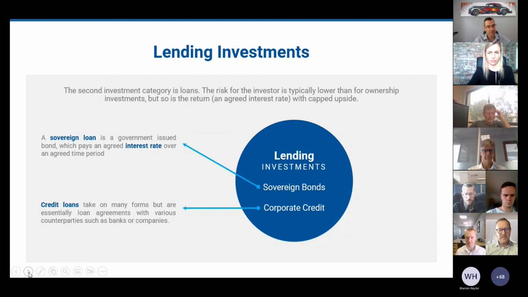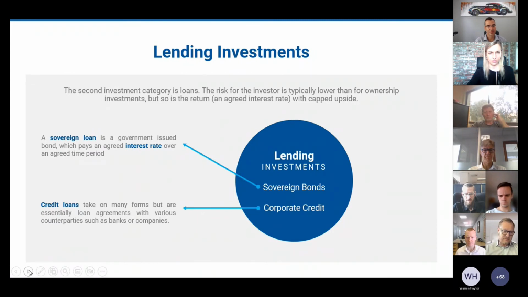It's just not a government that's issuing. It's a corporate, and that's either a bank or a company that wants to raise debt. And you as the investor obviously provide that at a fixed rate and at a fixed maturity profile.